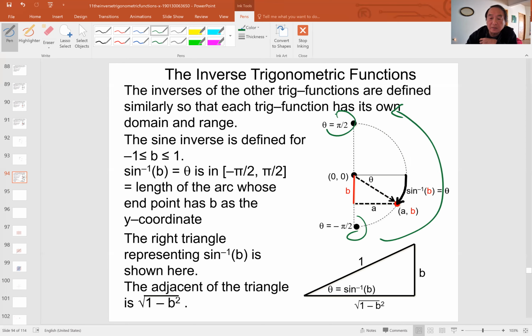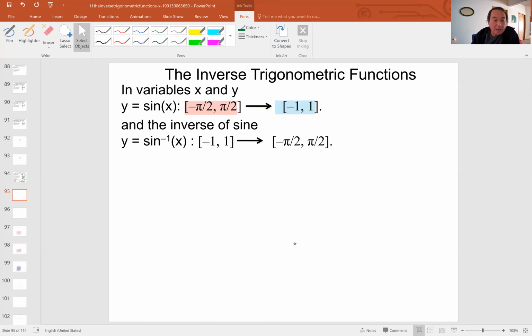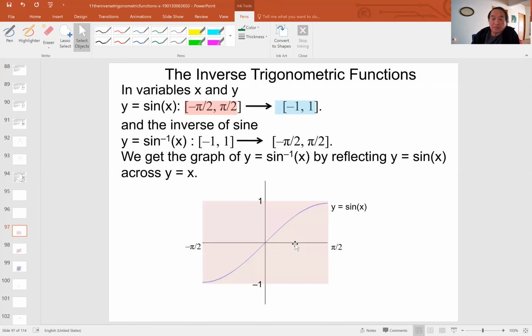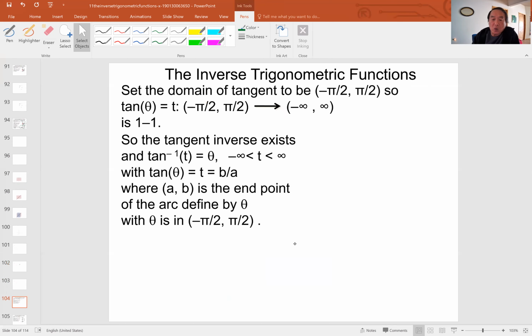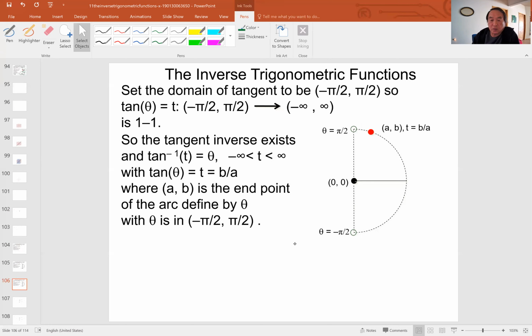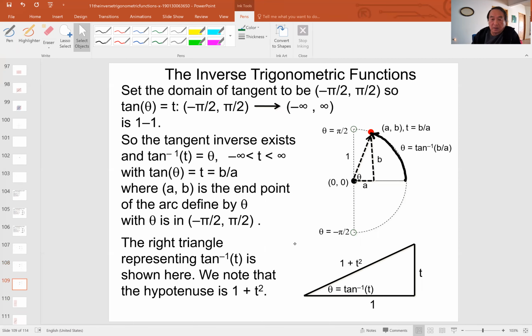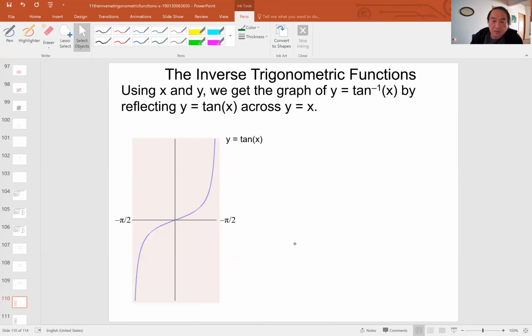Theta will be somewhere between, and this is the reference triangle for sine inverse of a number. Similarly with tangent inverse, which I'll leave for you to read.